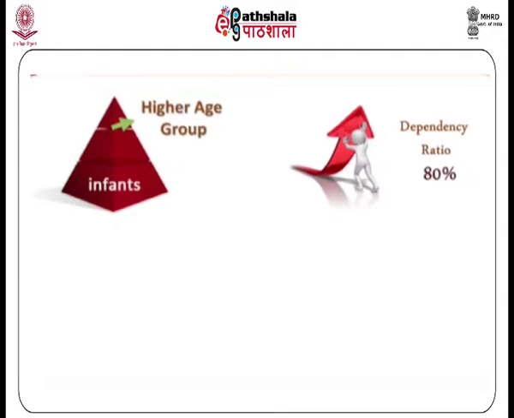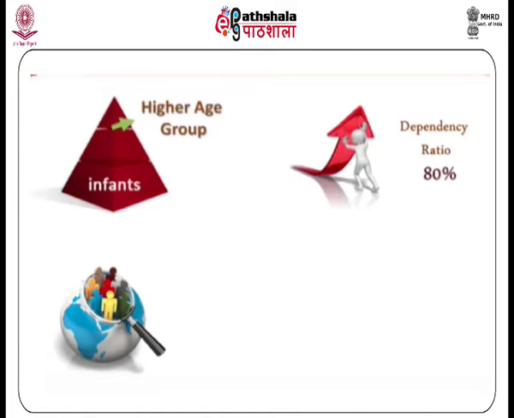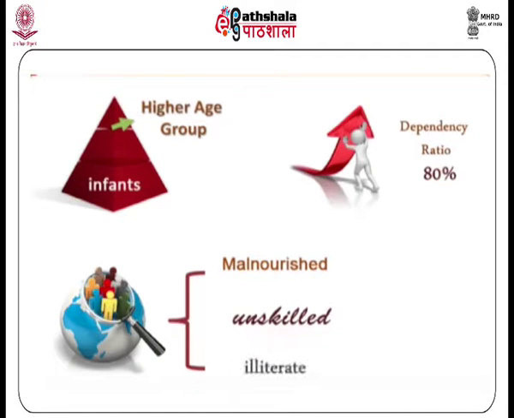The dependency ratio was very high, around 80% between 1881 and 1941. The majority of the population lived in rural areas and the extent of urbanization was very slow till 1921. Even by 1941 to 1951, 4/5 or 80% of the population was rural. The majority of the population was malnourished, unskilled, and illiterate.